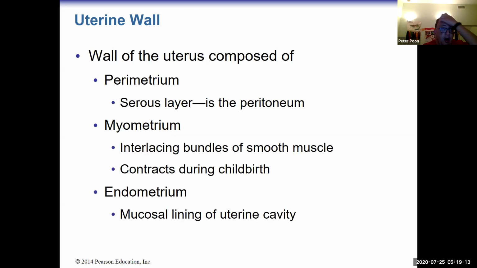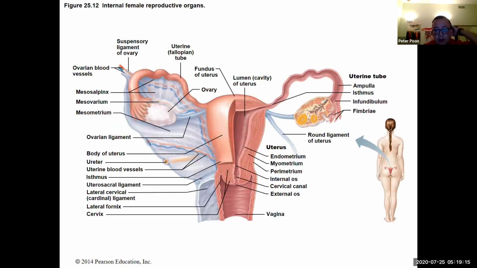Let's go over the other parts of it. Here on the bottom is the cervix of the uterus, usually just called the cervix. It has two openings, called osses: an external opening to the vagina and an internal opening to the rest of the uterus.